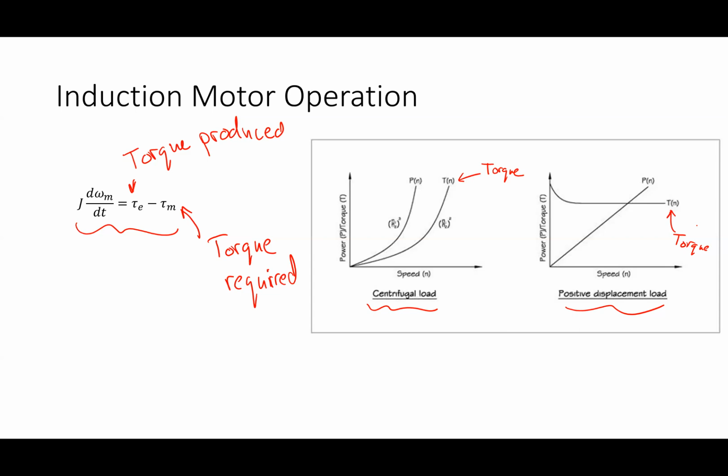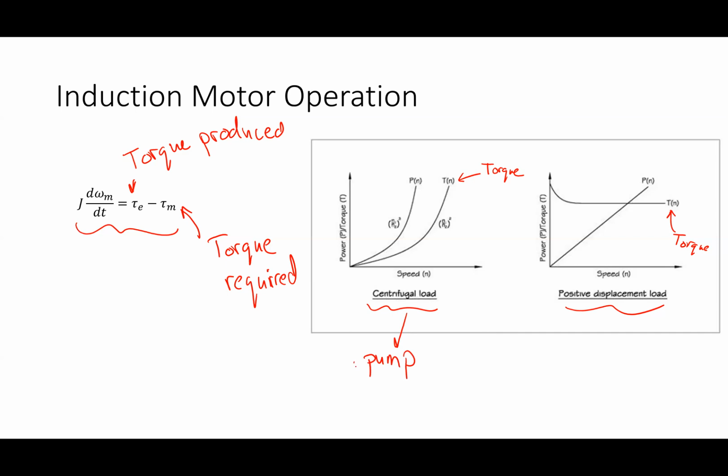Any idea what I mean when I say a centrifugal load? What is a centrifugal load? Basically we're talking about the actual applications of this. If I'm talking about industrial or commercial applications, yeah, perfect.